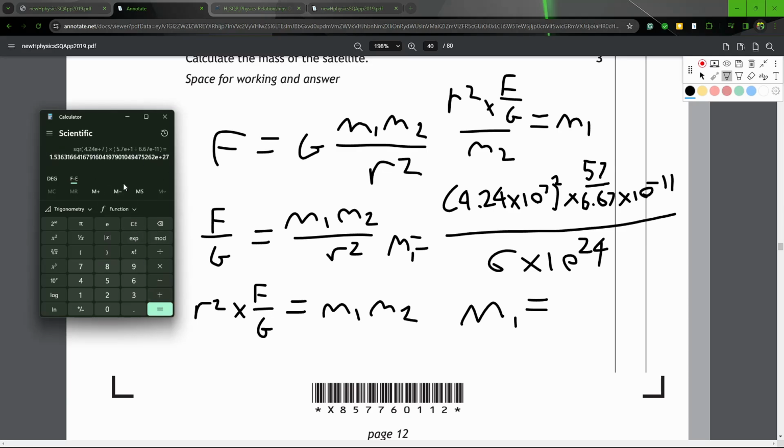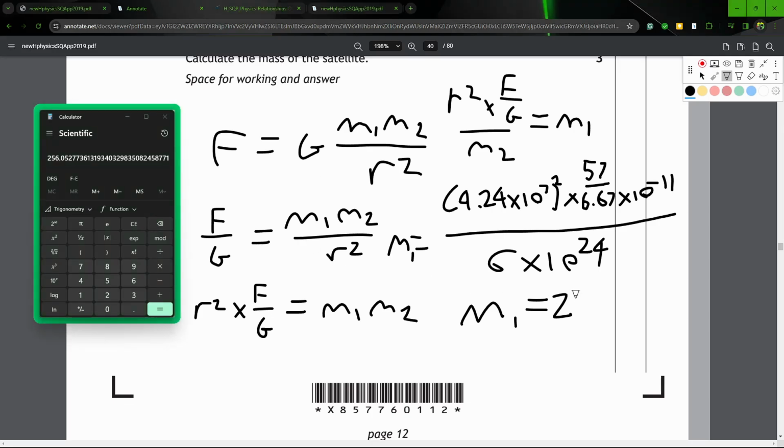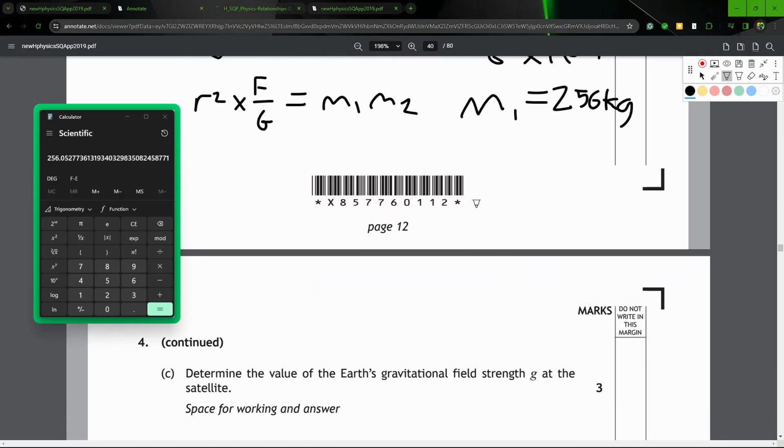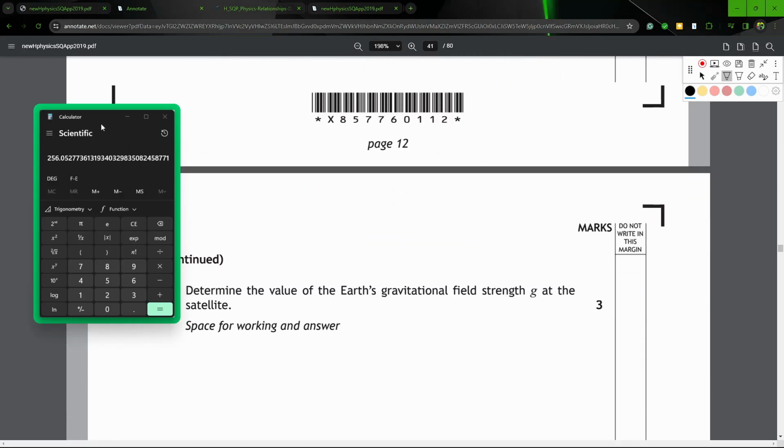That gives us this horrific number, and then we divide by 6 times 10 to the 24. And we have 256 kilograms. Right. Splendid. Let's continue on forth.